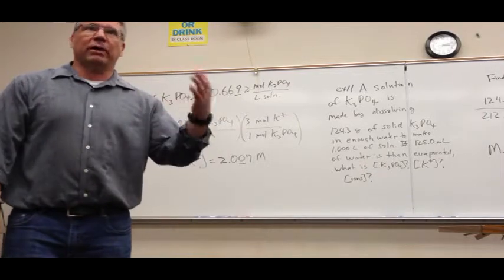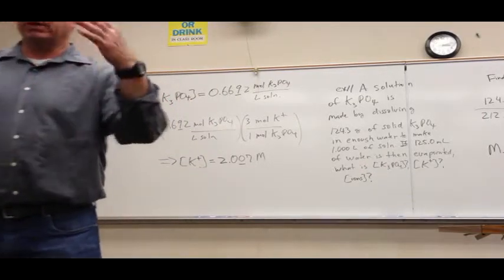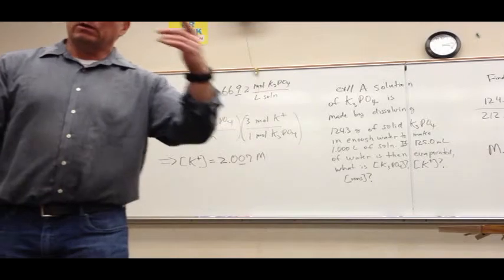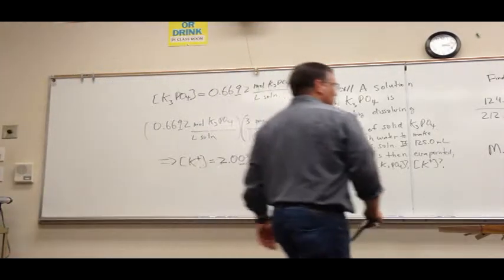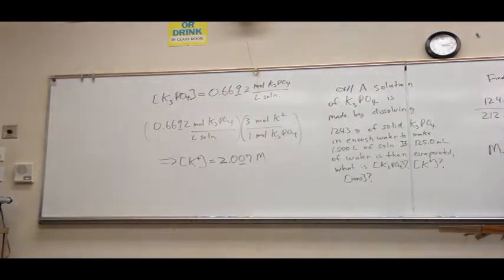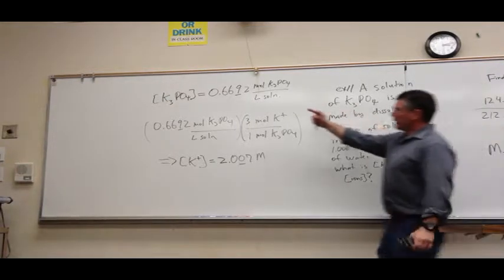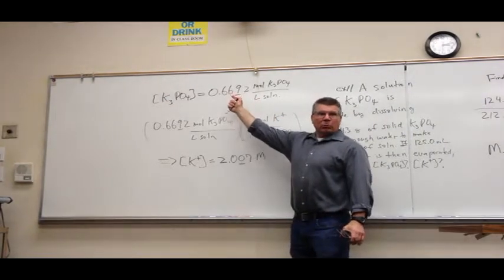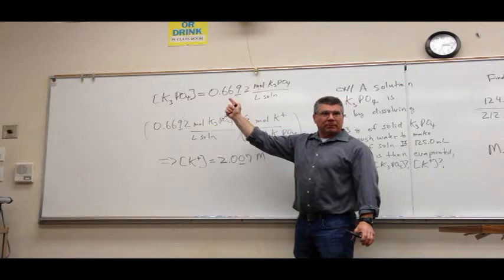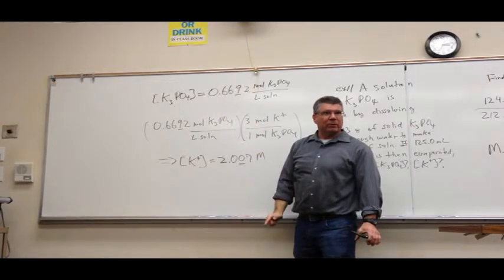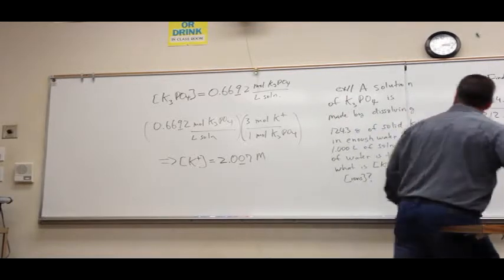Total concentration of ions is going to be all the potassium ions plus all the phosphate ions. So if we had 1 mole of potassium phosphate, how many moles of ions would we have? 4. So all we have to do is take the concentration of potassium phosphate and multiply it by 4. That make sense? In terms of the units, it looks like this.